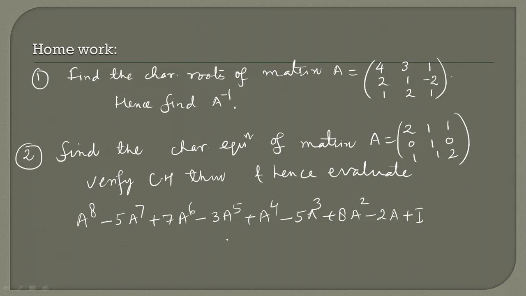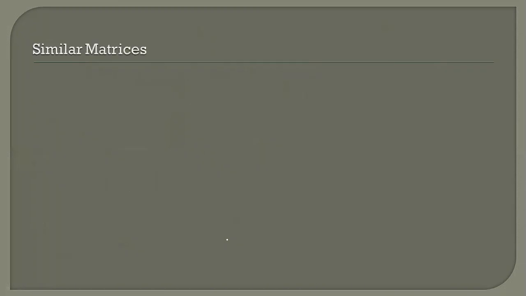Now I am going to study what is a similar matrix. Similar matrices, a very important topic for competitive exams. Let A and B be square matrices of the same order.